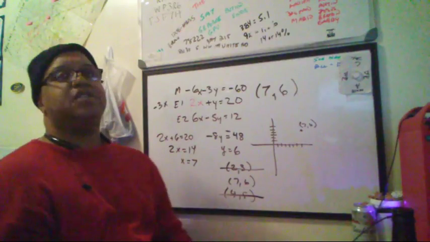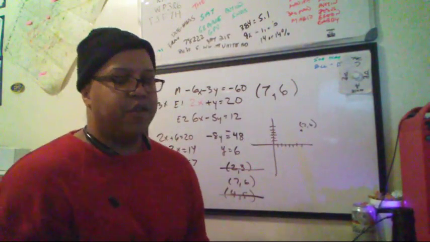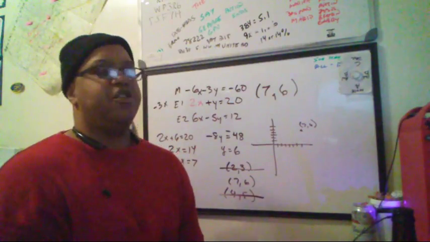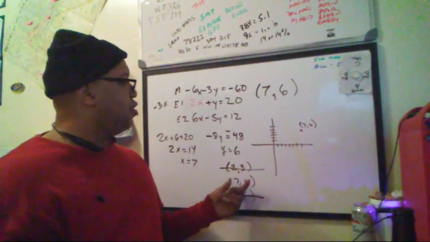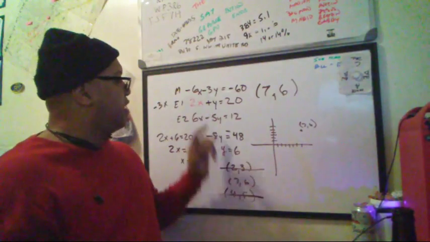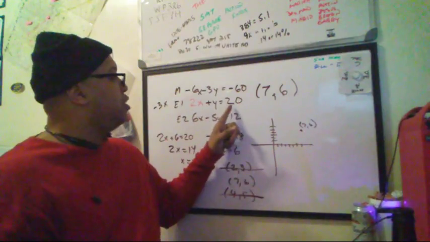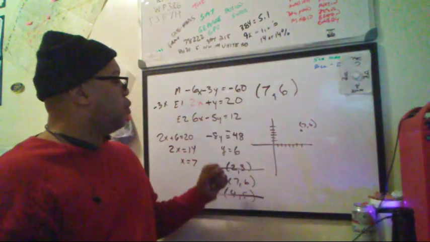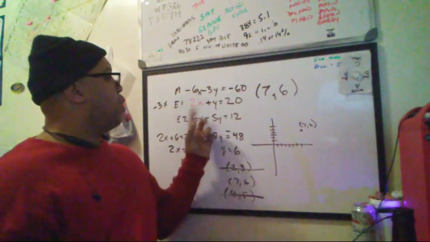So if you totally forgot how to do systems of equations, I'm nervous, it's test day, just take the answer, but your answer must be able to plug in the x value and the y value. It has to make sense. It has to equal 20. And 7 and 6 works in both equation 1 and equation 2.